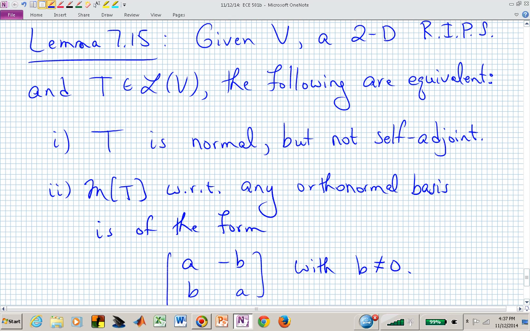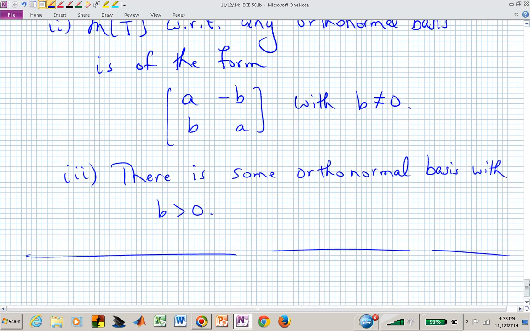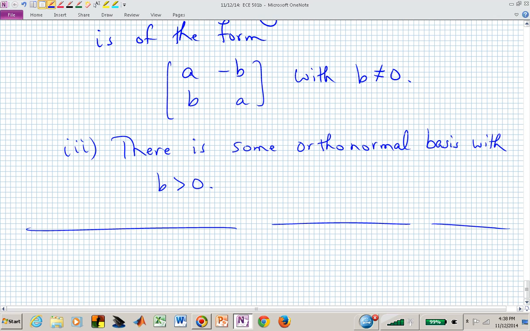This is now a two-dimensional real vector description of complex eigenvalues associated with a real matrix or an operator that's working on a real inner product space that does not have any eigenvalues. Meaning that particular matrix structure is very special.